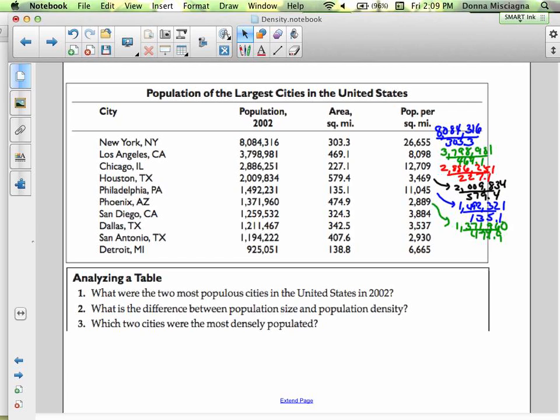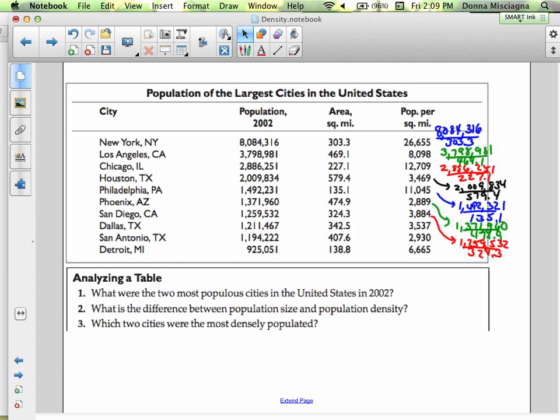So that's 2,889 people per square mile, and of course it's a lot. That would be the most densely populated city in Arizona. San Diego was 1,259,532 divided by 324.3, which would give us our population density.